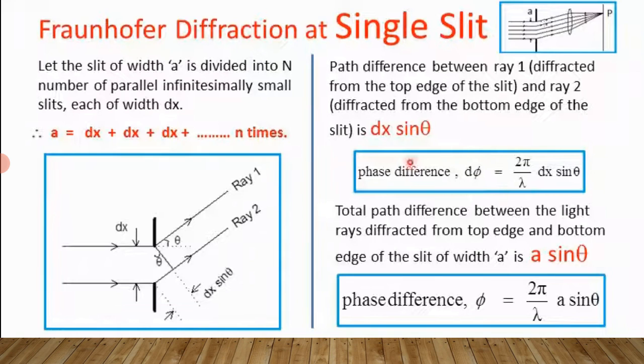Therefore, the phase difference d phi is equal to 2 pi upon lambda times dx sin theta. The total path difference between light rays diffracted from the top edge and the bottom edge of the slit of width A is A sin theta. Then the phase difference phi is equal to 2 pi upon lambda times A sin theta.